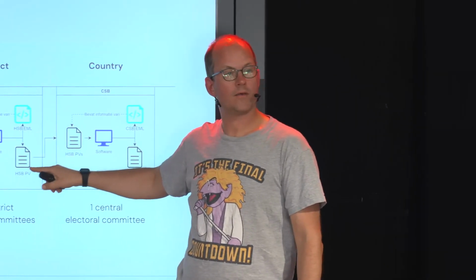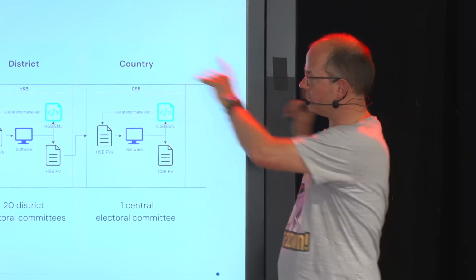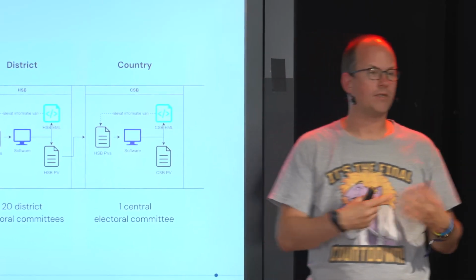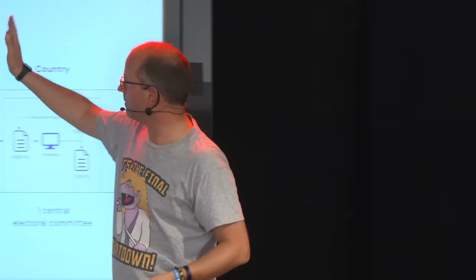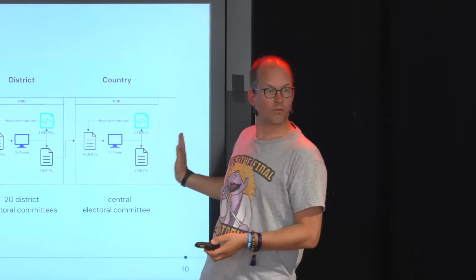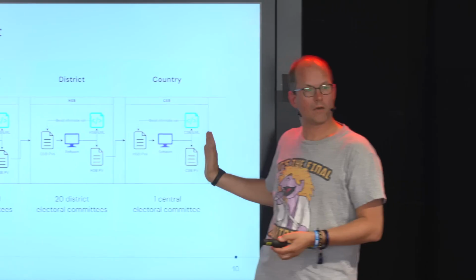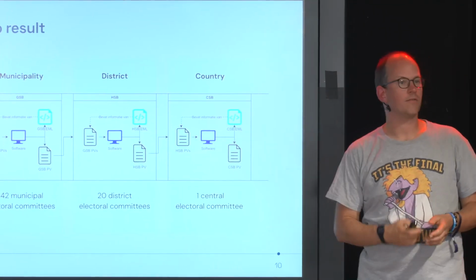So people can actually check the results from each level. I showed the screen dump of the webpage where we published the results of the municipal and district level before we did our own work. So that would allow analysis of the entire flow.